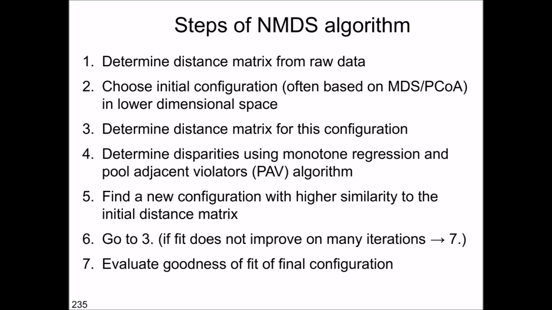And after this has been done, then you try to find a new configuration with higher similarity to the initial distance matrix. And after this has been done, you go back to step 3. And if you don't find an improvement on many iterations, the number of iterations can be set for the algorithm, then you move on to 7. And that means you evaluate the goodness of fit of the final configuration that you have found.